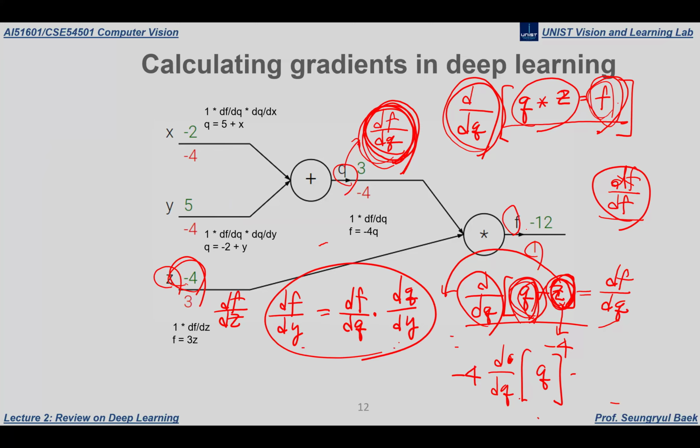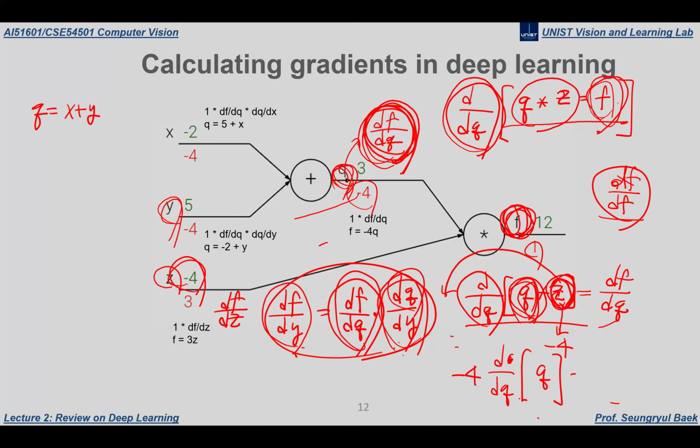The differentiation of the final node with respect to the initial y will be the multiplication of the differentiation of f with respect to the intermediate node q, and the differentiation of the intermediate output q with respect to y. We already calculated df/dq as -4 here, and the thing we have to further calculate is dq/dy.